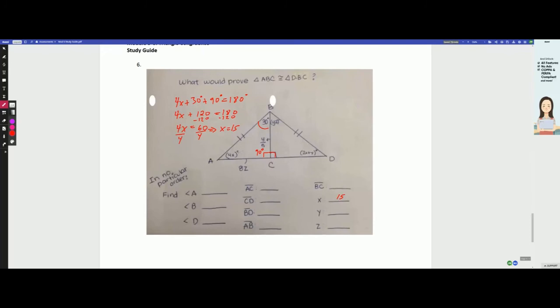Now, if I was to plug back in 15 for x, I would get 60 degrees for this angle. That's something to definitely do because you do want to solve for y later down the road. So we already know x, we have the 2x. I'm going to try to solve for y right now, and that's using this part.